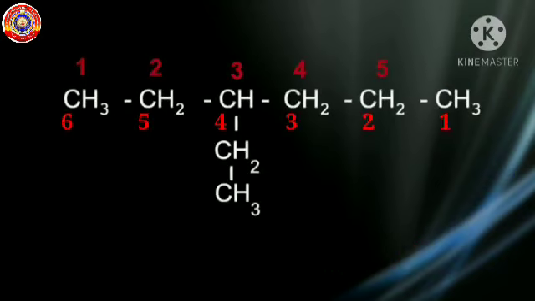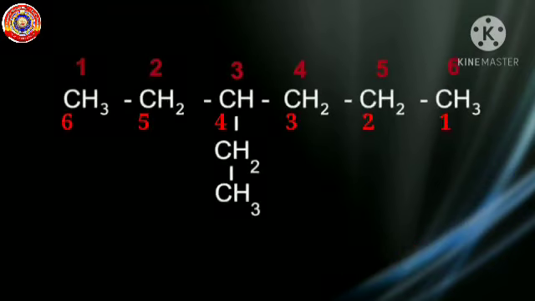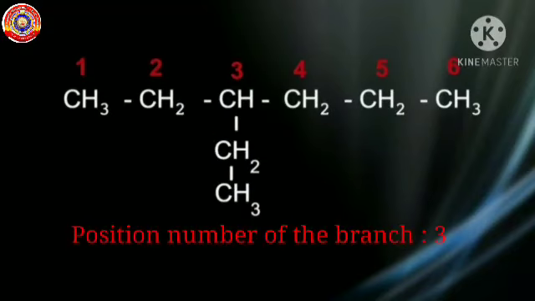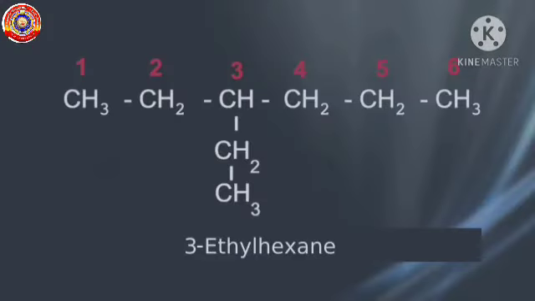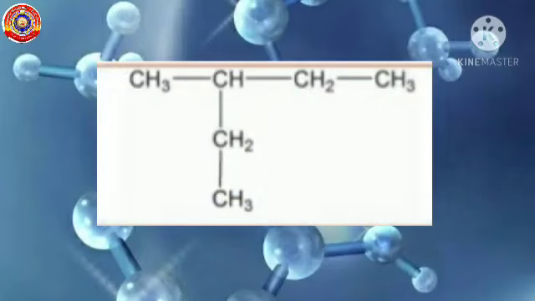And what is the position number of the branch? The carbon atom carrying the branch should get the least position number, right? So, the position of the branch is 3. The IUPAC name of the compound is 3-ethylhexane. Understood? Let us see one more example.